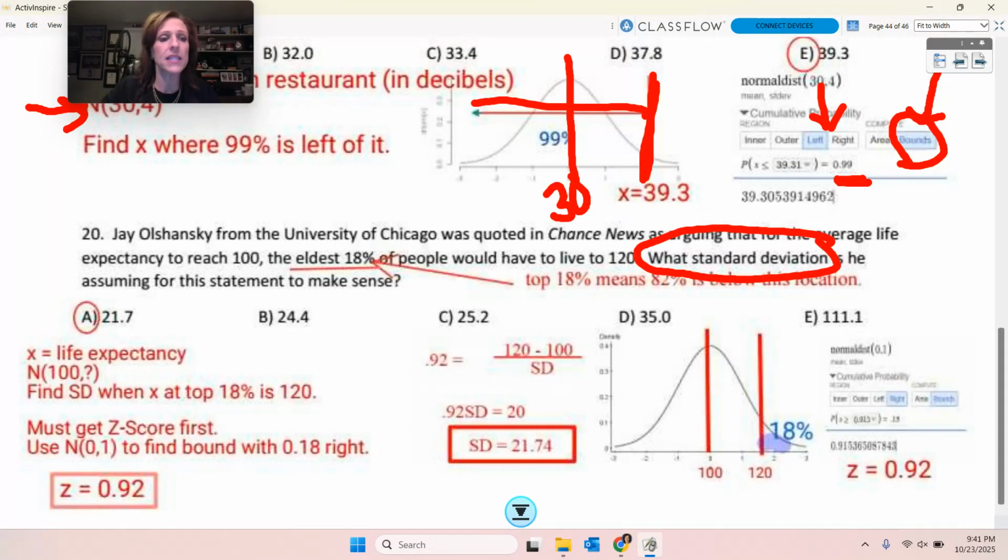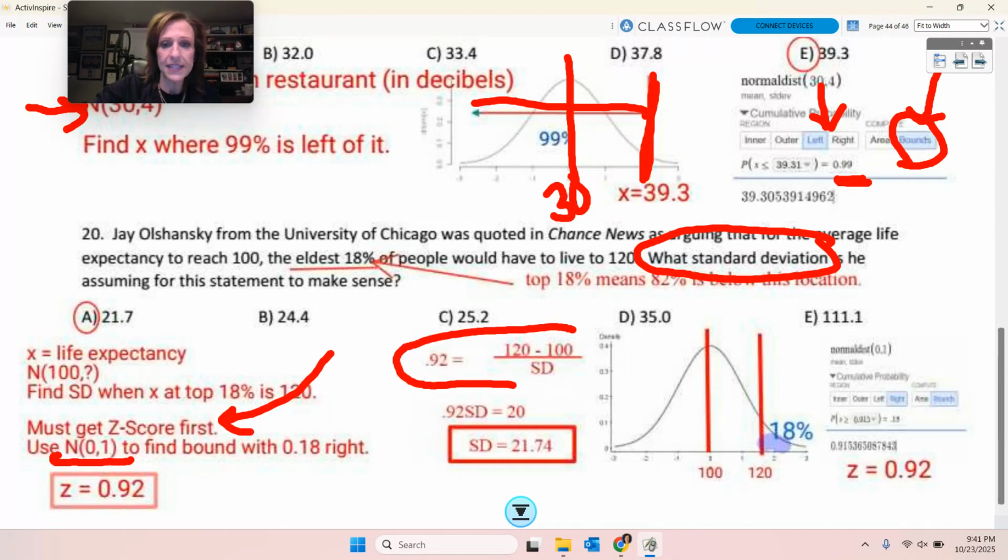You must get the z-score from the standard normal model, from the percent they give you. Get the z-score, and then you must use this z-score formula to solve algebraically for, in this case, standard deviation. If it had asked for a mean, we would have the mean missing, and we would solve for that.